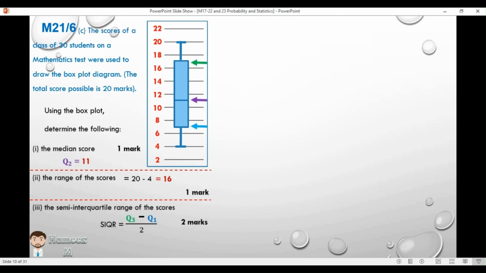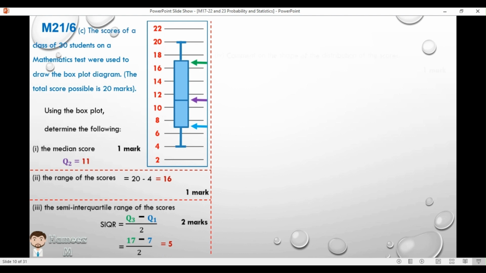And we can substitute. That will be 17 minus 7 divided by 2. And we have them color-coded in green, Q3, 17, and the green arrow, so we can see exactly where that is on the graph. And similarly for the Q1 value in blue. So 17 minus 7 is 10. 2 into 10 is 5. As such, the semi-interquartile range of the scores is 5.